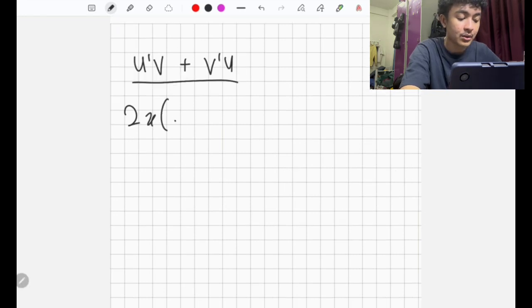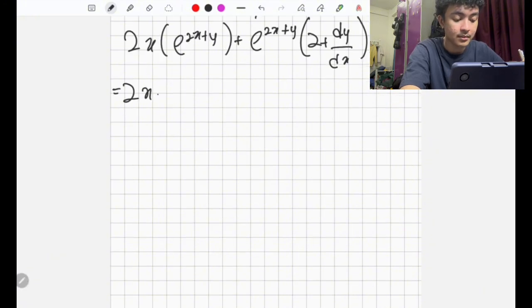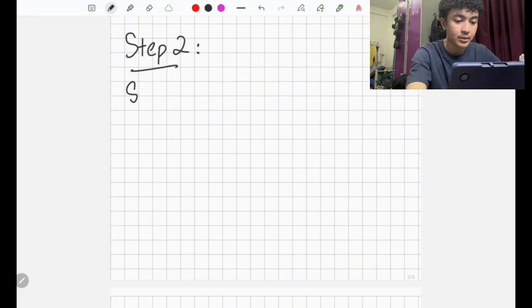Next, we use u prime v plus v prime u. Step 2. Differentiate the right hand side using the chain rule.